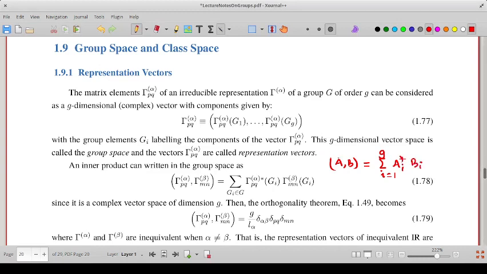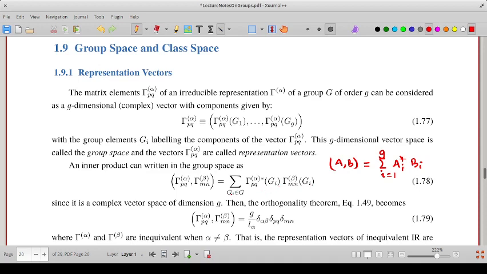Now here, instead of the vectors a and b, we have vectors denoted by gamma^alpha_pq and gamma^beta_mn. Then we can take a sum over i, and a_i star will be written as gamma^alpha_pq star of g_i, and b_i is written as gamma^beta_mn of g_i.